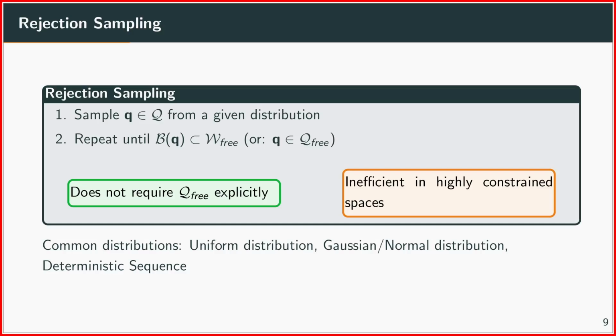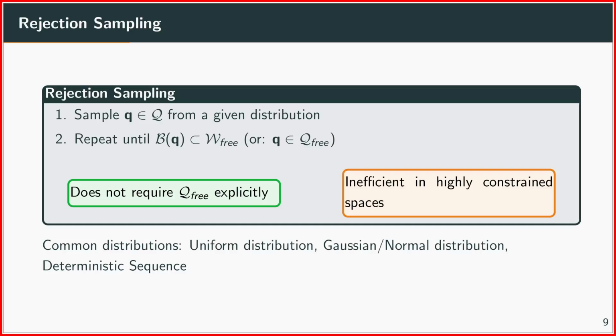One caveat which you have to keep in mind is that rejection sampling usually is pretty inefficient in highly constrained spaces. The reason is, of course, that if you have a very large configuration space and maybe a very small door or a bottleneck in your configuration space, then just by sampling you will not hit exactly the spot where you actually have to find a configuration to solve the problem.